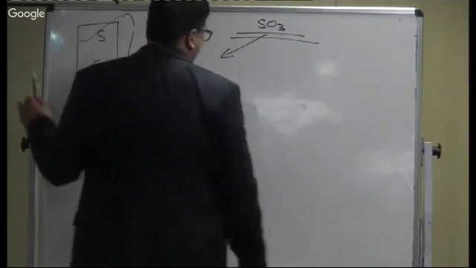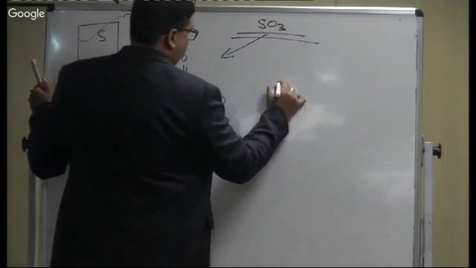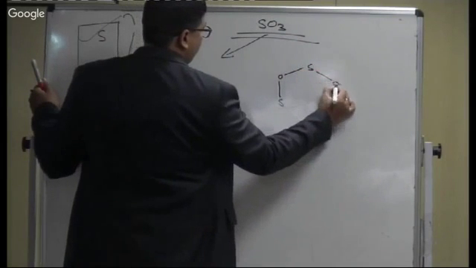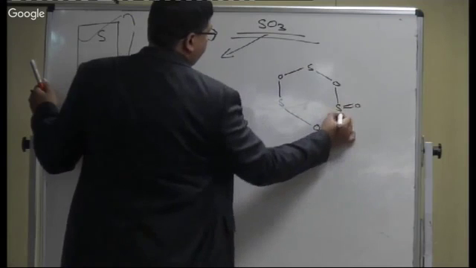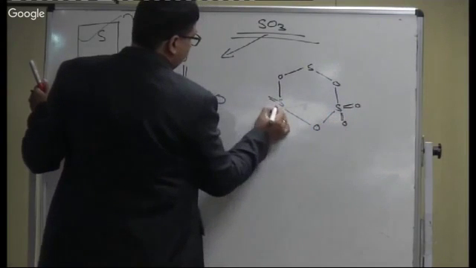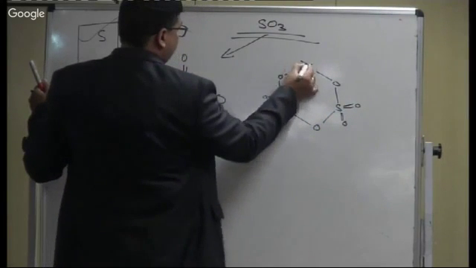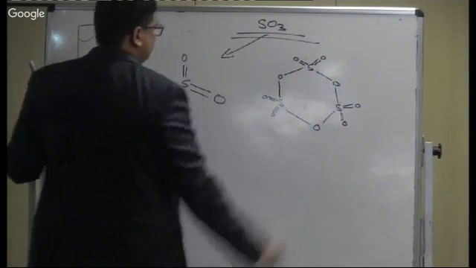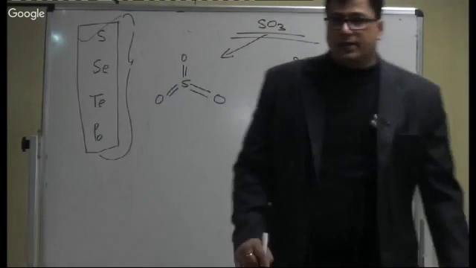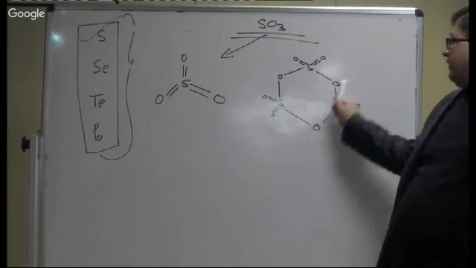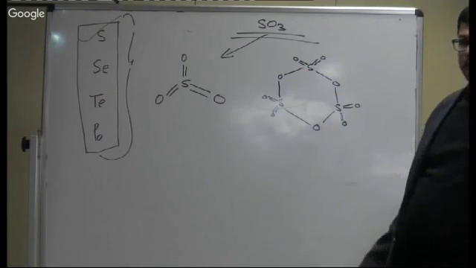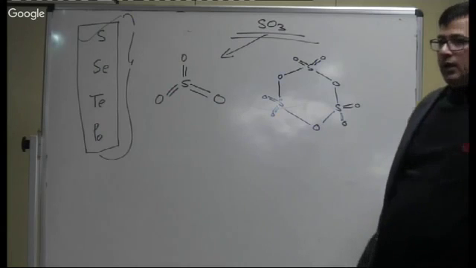The cyclic structure may be of 2 types. One consists of 3 units of SO3 combined with each other.